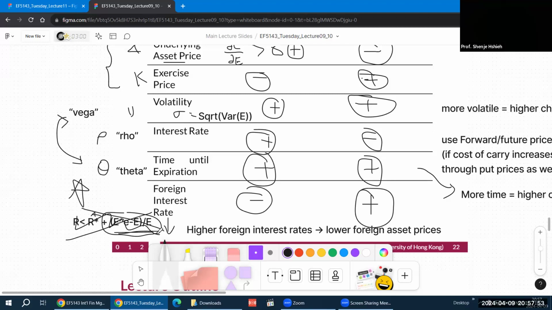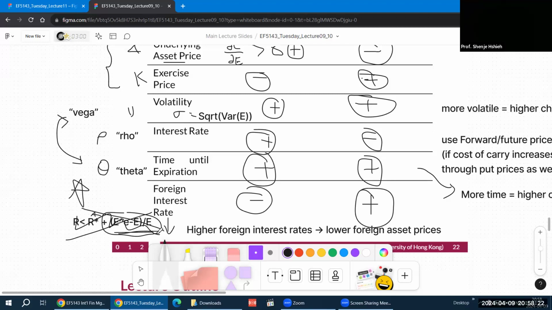So if more of the interest payments occur beforehand, you don't have to deliver those interest payments. You just have to deliver what's left, the principal in the future. So if you have more of those interest payments occurring before delivery, that means the price of the underlying asset doesn't have to be as high as before.